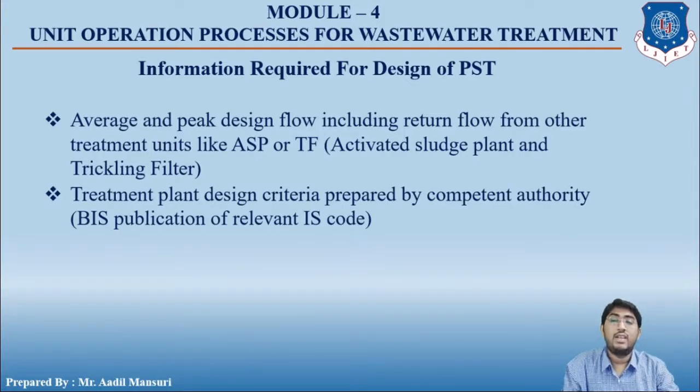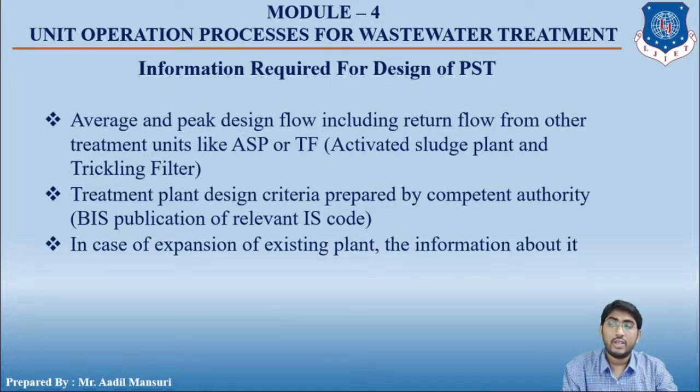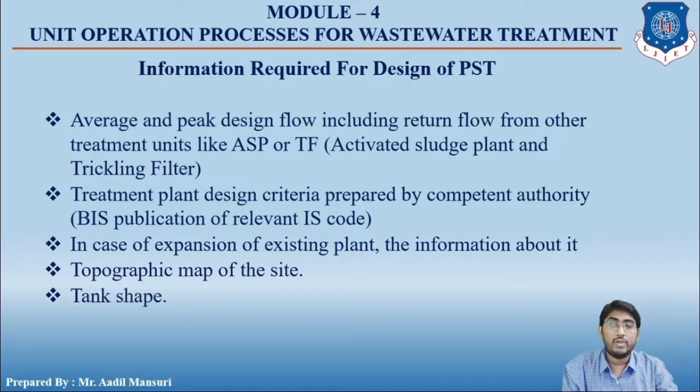Then treatment plant design criteria prepared by competent authority, that is Bureau of Indian Standards or relevant IS codes. Then in case of expansion of existing plant, the information about it should be known, right? Then topographic map of the site should be known and the shape of the tank. Clear?